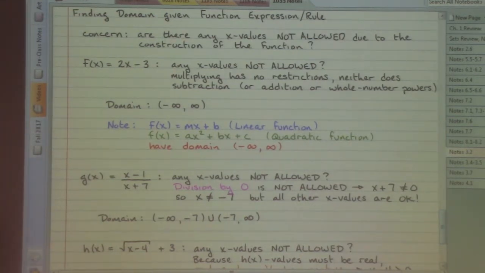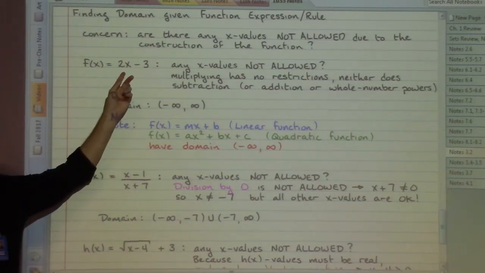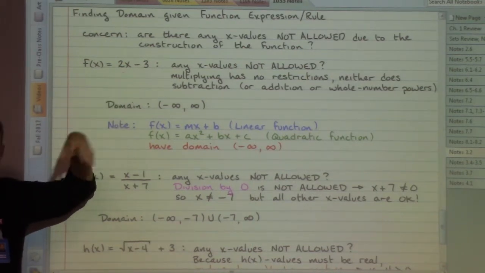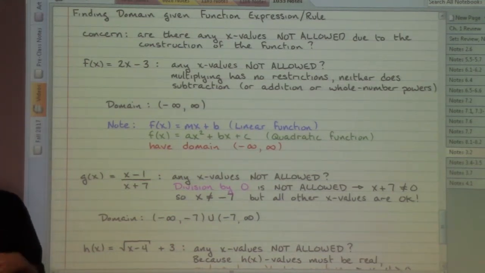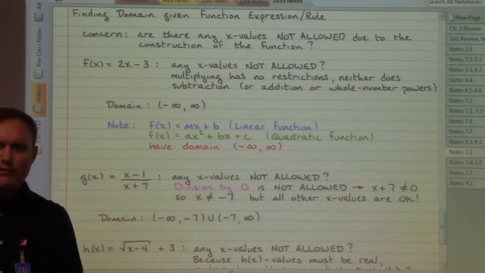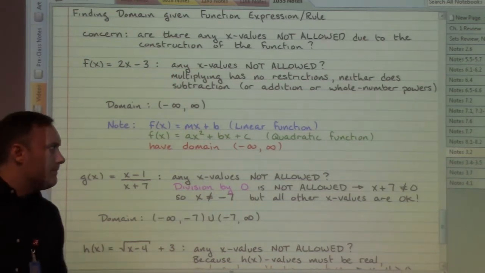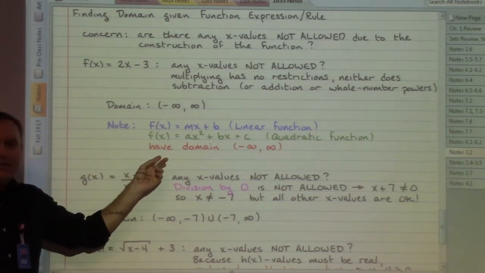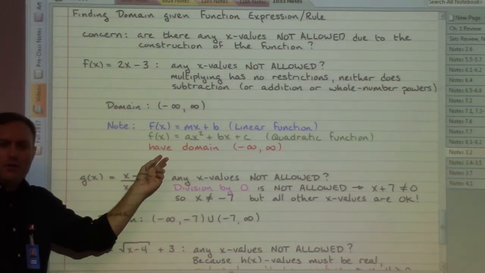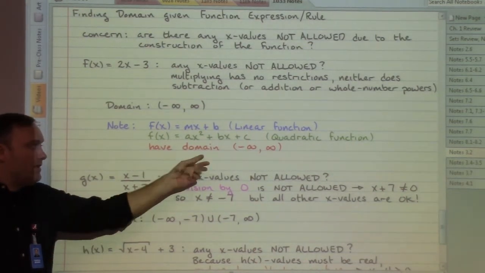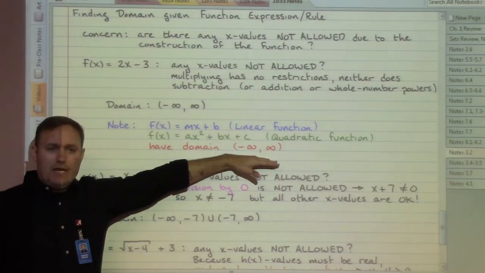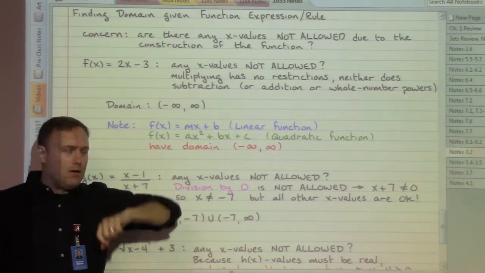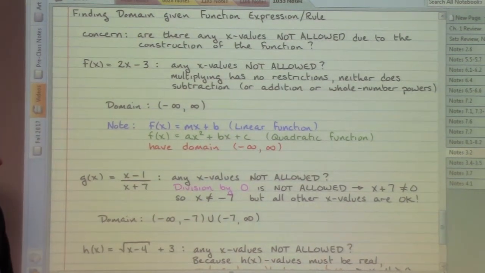Well, if all we're going to do is multiply, divide, add, subtract by other numbers, if we're going to raise things to powers that are not weird, like negative powers or fraction powers, then it turns out that we actually don't have anything particularly funky going on with the numbers that we are allowed to plug in for x. We don't have anything funky going on with the domain. We're allowed to plug in anything and everything that comes to our minds.